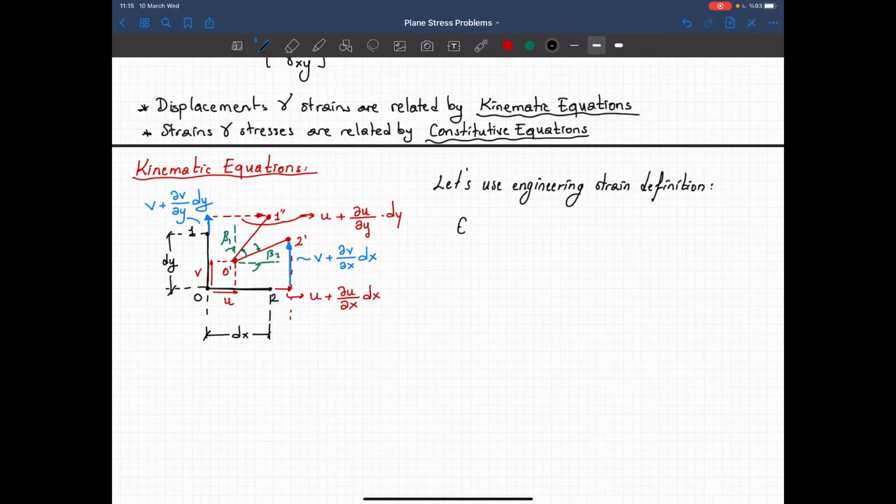So the axial deformation in x direction will be equal to the length of O prime 2 prime minus the length of O2 divided by the original length.